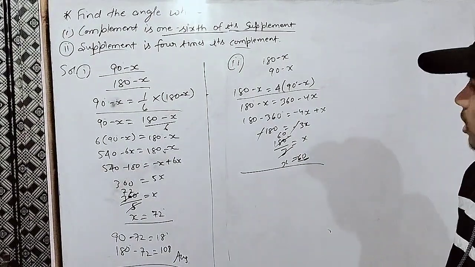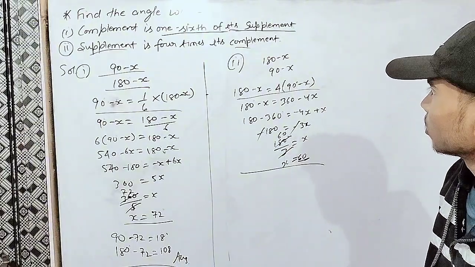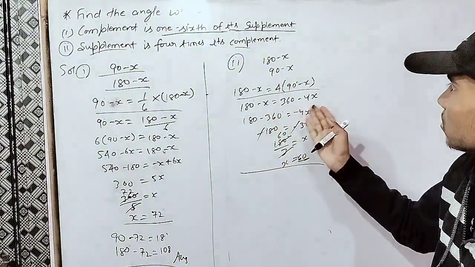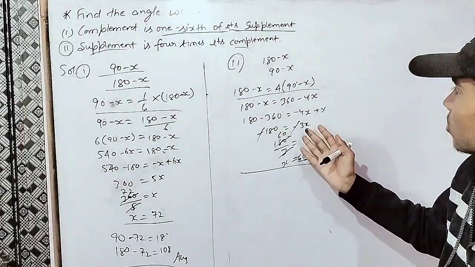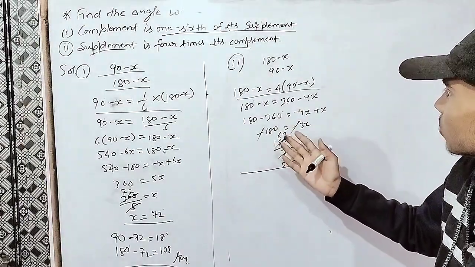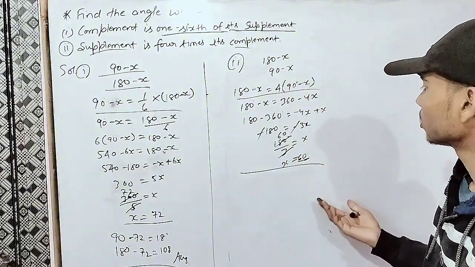You solve it and then see what your answer is. 4x, 180, 180, 360.